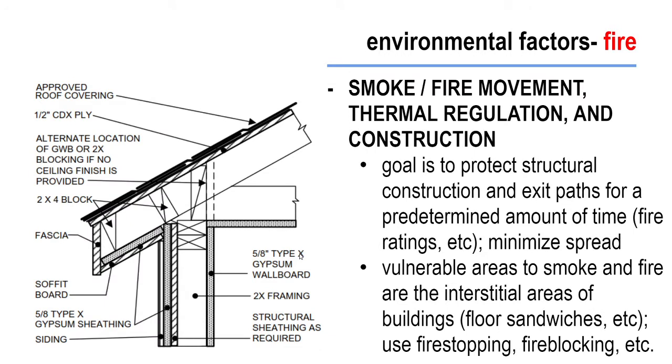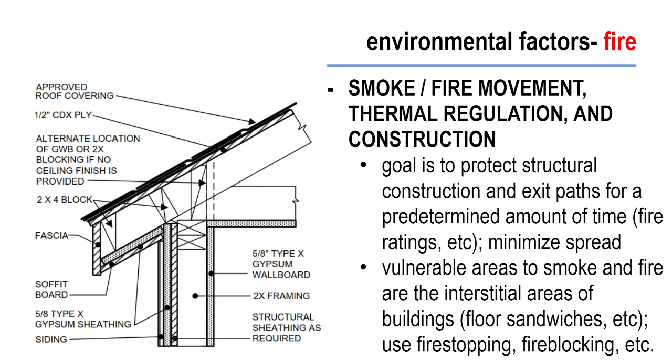Then another big environmental factor, which can be a sudden one to plan for, so it's nothing like the earth, which is just something that's there that we have to deal with. This is something that could happen, which is fire.